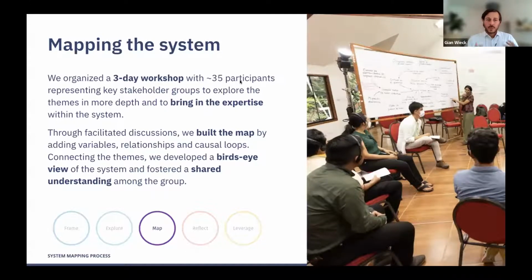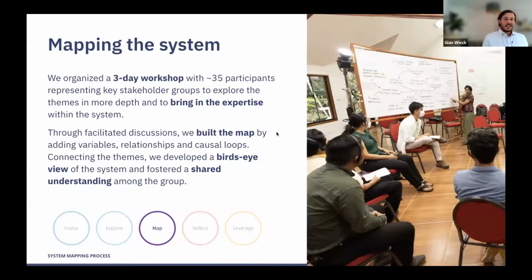But this is also what we're trying to do. We ask an open question that includes both of them. And then through the discussion, and also through the system map in the end, we see how those different bounded worlds of the stakeholders eventually overlap and combine with each other.